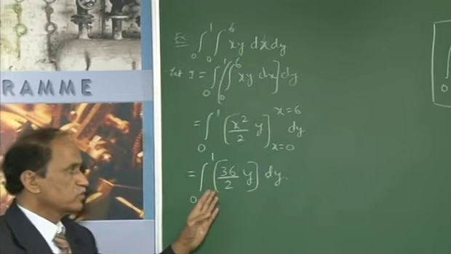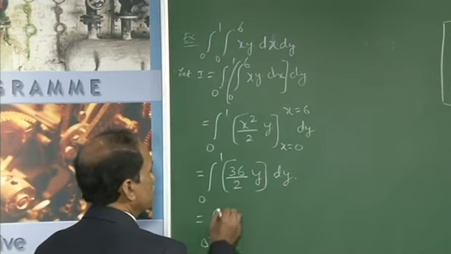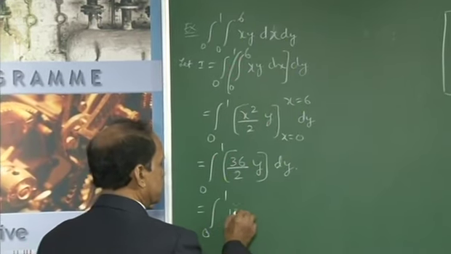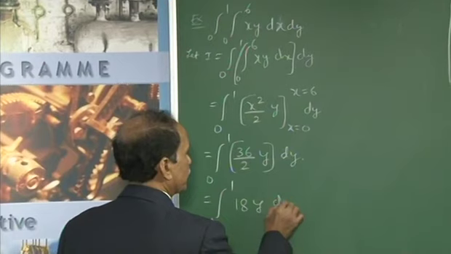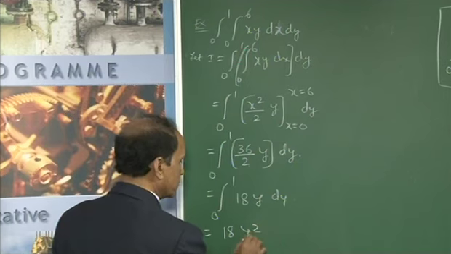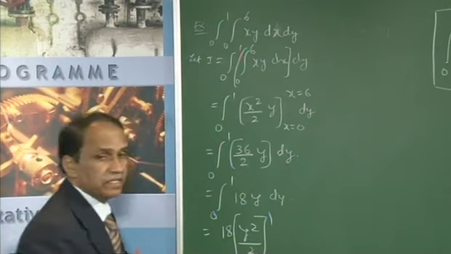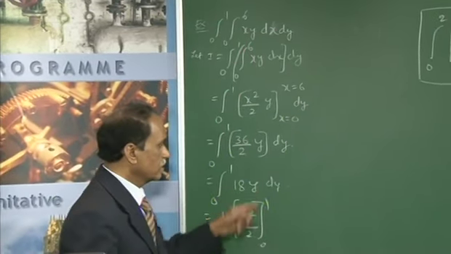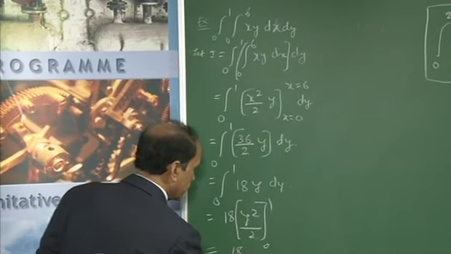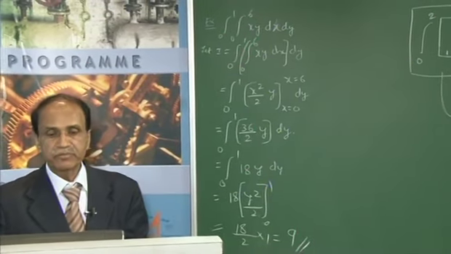So the double integral reduces to the single integration, that is 0 to 1, 36 by 2, that is 18 into y, it is dy. Now, with respect to y, you can integrate, it should be y square by 2. Then apply the limits, that is 0 to 1, only for this single variable. Therefore, 18 by 2 into 1, the answer is 9.